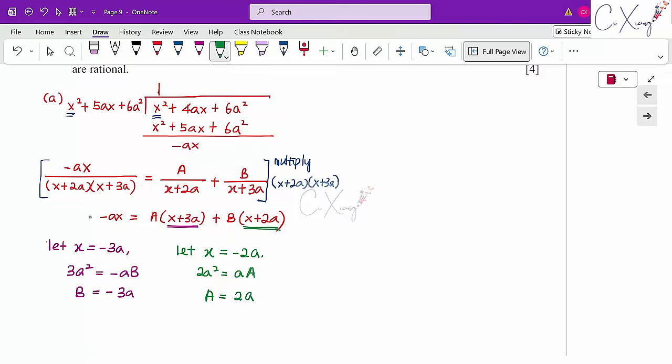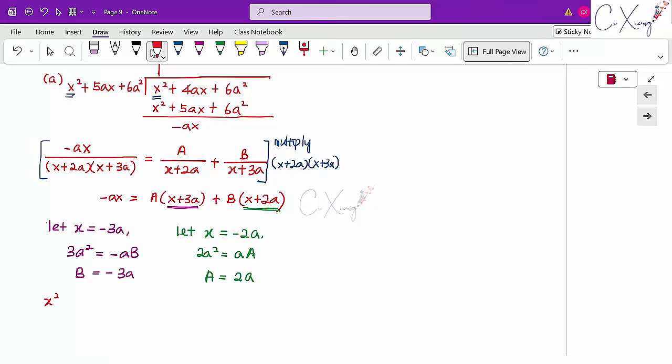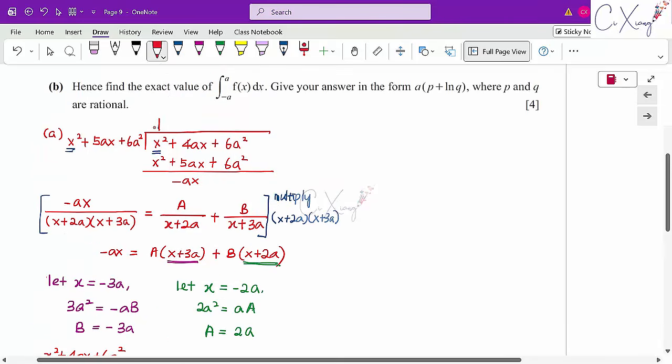And now let us combine everything together to become the partial fraction. My original function is x squared plus 4ax plus 6a squared divided by x plus 2a and also x plus 3a. The quotient of the long division that we carried out just now is 1.